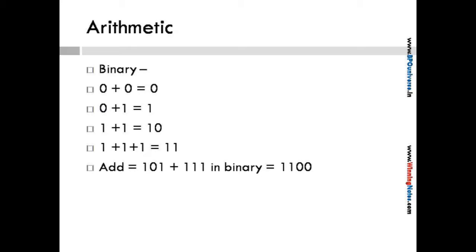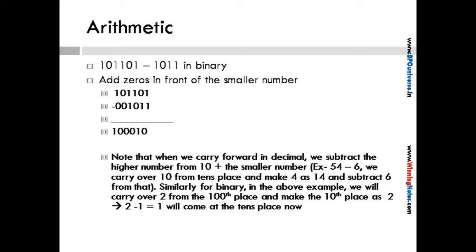If we have to do a subtraction, then how do we do that? We have to remember that as we carry forward in decimal, we add 10 to the smaller number. Example, when we do 54 minus 6, we carry forward 10 from the tens place, which is from 5, and make it 4, with 14 at the units place, and then we subtract 6 from that.